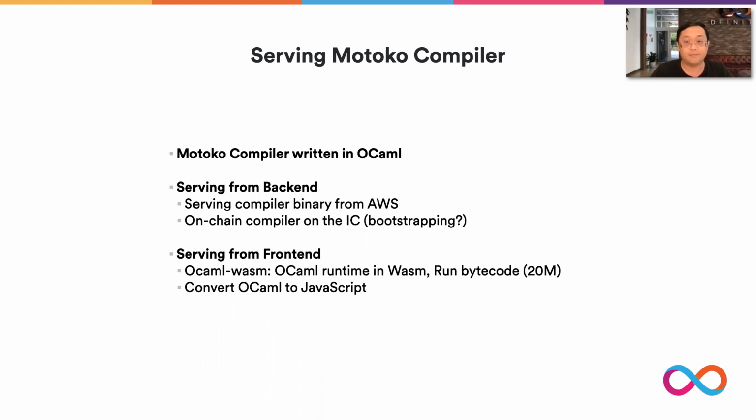So we can do that, but the problem is that our Motoko compiler bytecode is 20 meg. So that means each time you run our compiler, you need to download 20 meg of data before you can do anything. So it's kind of a large data, and we try to avoid that. So the only thing left for us is to compile the OCaml directly to JavaScript instead of WebAssembly.